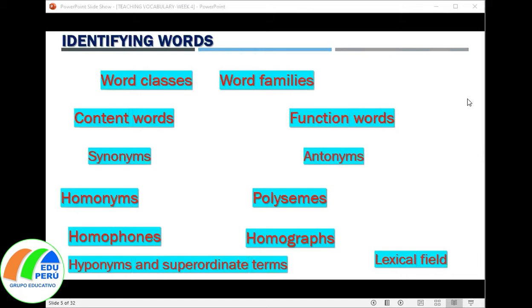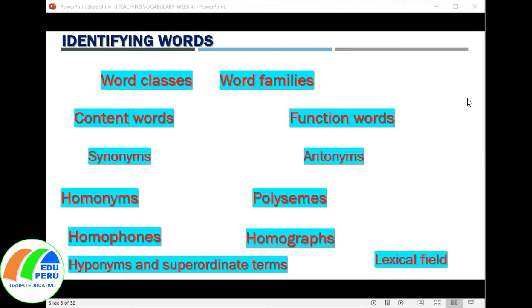So they have a small difference, but they have a relationship. They are connected in the meaning. So you could use it in different contexts, but the meaning is not so far. So they are connected. They have a relation. So notice, don't forget about these two words, homonyms and polysemes.